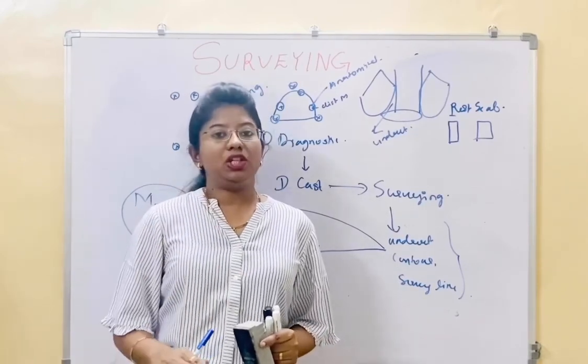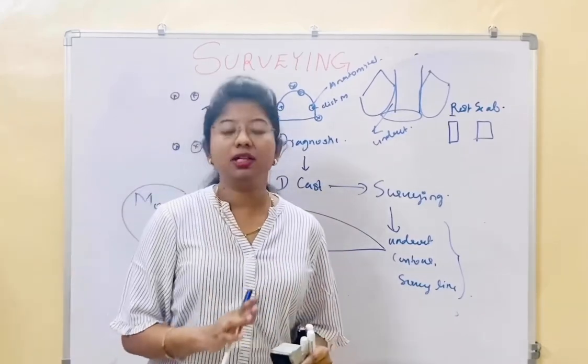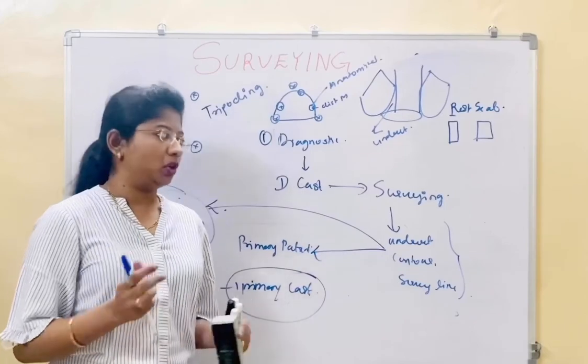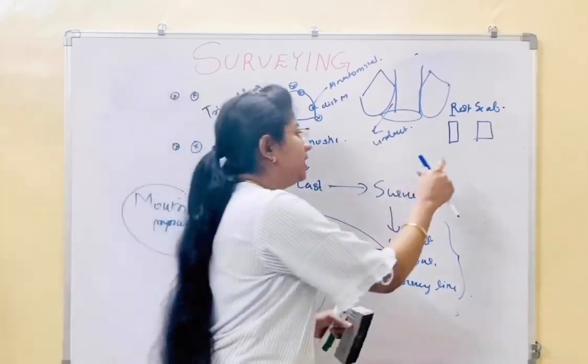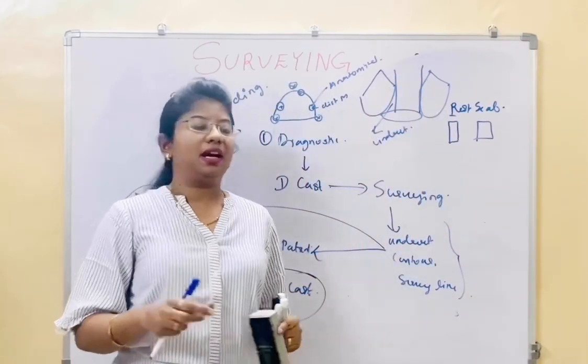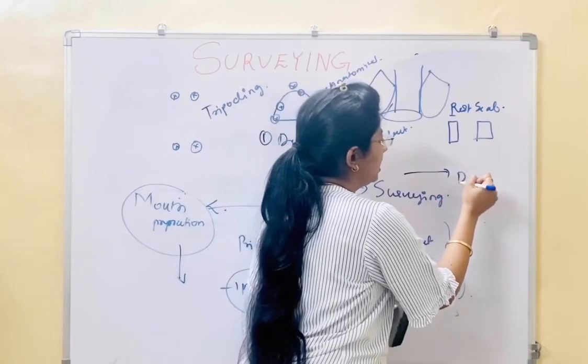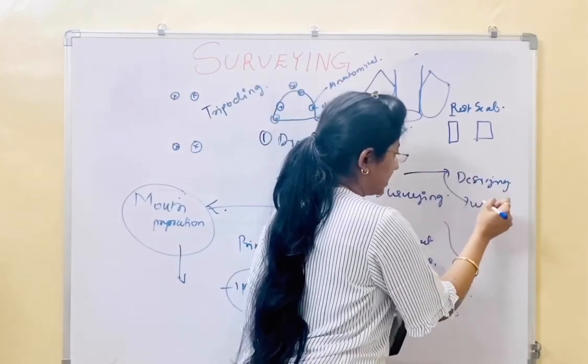I have explained the procedure. Tripoding is a very important point, and it is also asked in university exam questions. So basically we tripoded and then we got the master cast. On that master cast, we will further process with the further designing and wax pattern.